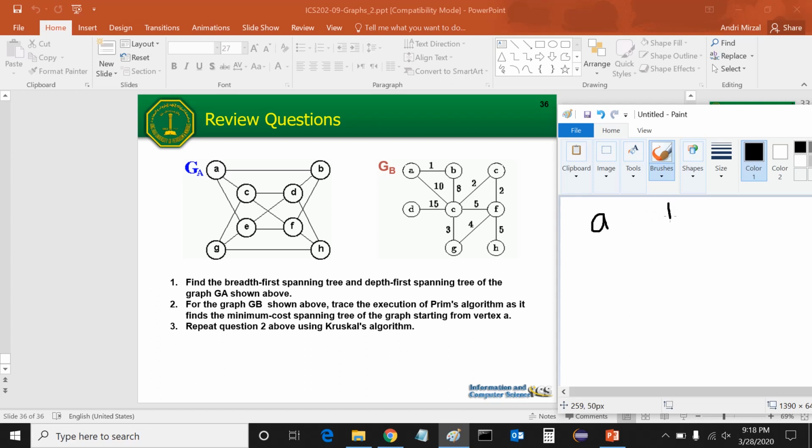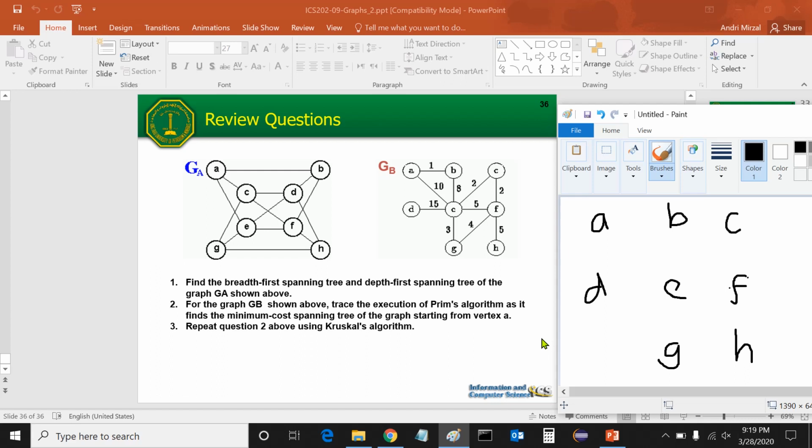Only the vertices B, C, D, E, F, G, and H. In Prim's algorithm, you need to determine the starting vertex.